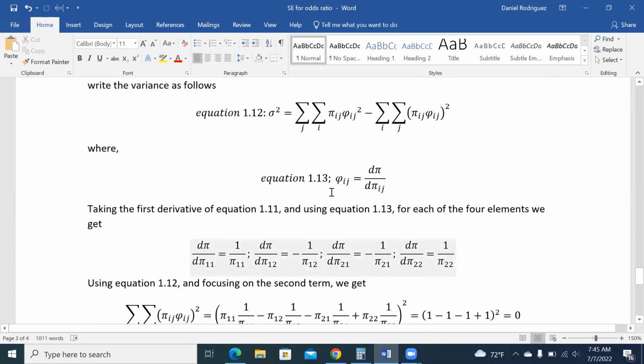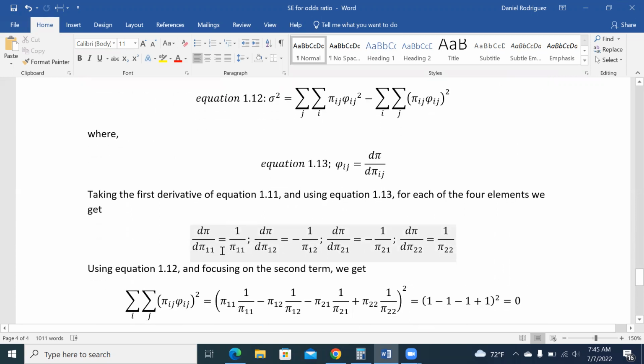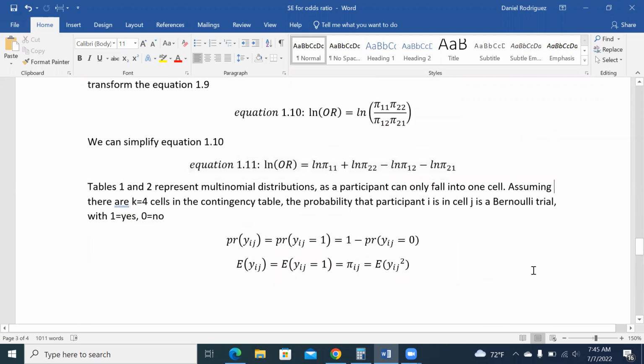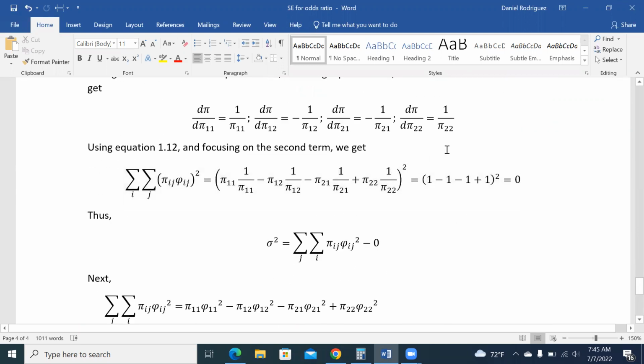So that's what we have here, 1 over pi 1, 1 for the derivative with respect to cell 1, because it's row 1, column 1. And for row 1, column 2, we have it being negative. Row 2, column 1, it's also negative. It's because of the terms in that equation that I just showed you. They were either negative or positive. So that's your derivative.